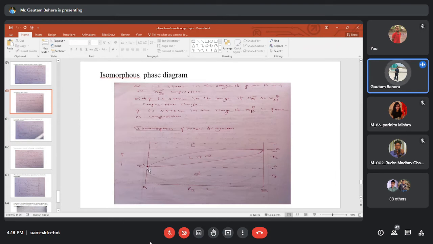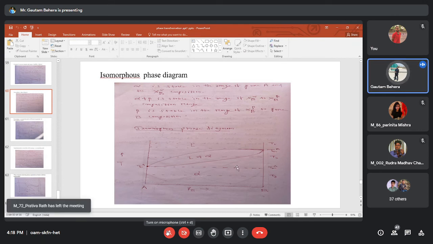Can anyone tell me now, TMA is the melting point of pure A, this point. At this temperature, which one is stable? Sir, alpha. Just look carefully at the position.